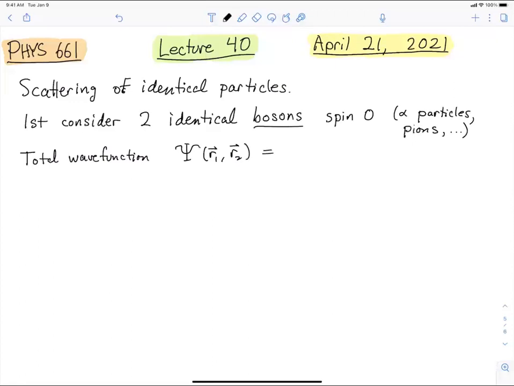And in general, I can find solutions to the Schrodinger equation that are going to break down like this. So first of all, there's a piece that goes like the sum of the two position coordinates. And then there's another piece, I'm writing a different psi here, that goes like the difference of the two coordinates.